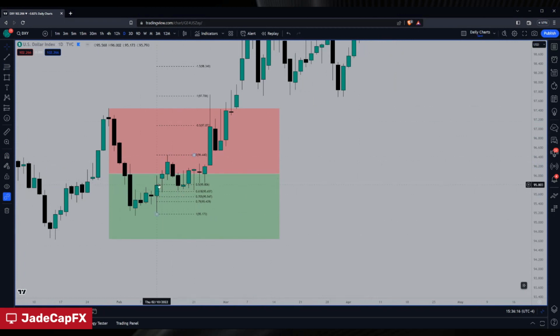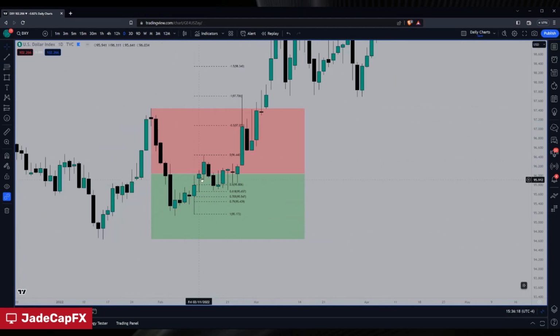It's leaving this volume imbalance somewhere around here. It's fully filled in once it hits 50%. So they left that volume imbalance open. They retraced into discount prior to going long. Okay, so you have this area of discount, sorry, premium inside of a daily level.